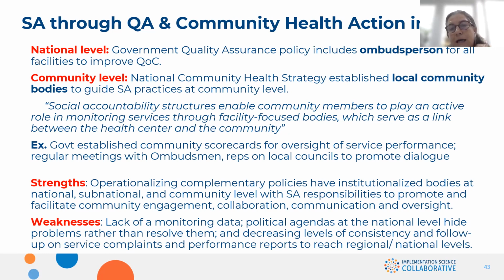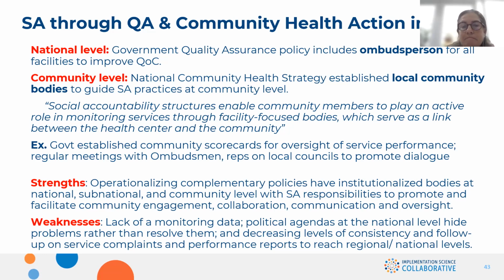They operationalized complementary policies into institutionalized bodies at the national, subnational and community level to promote and facilitate community engagement, collaboration, communication, and oversight. But again, there was a lack of monitoring data, and political agendas at the national level also started to hide problems rather than resolve them. And there was decreasing consistency and follow-up on complaints that were coming to the ombudspersons.